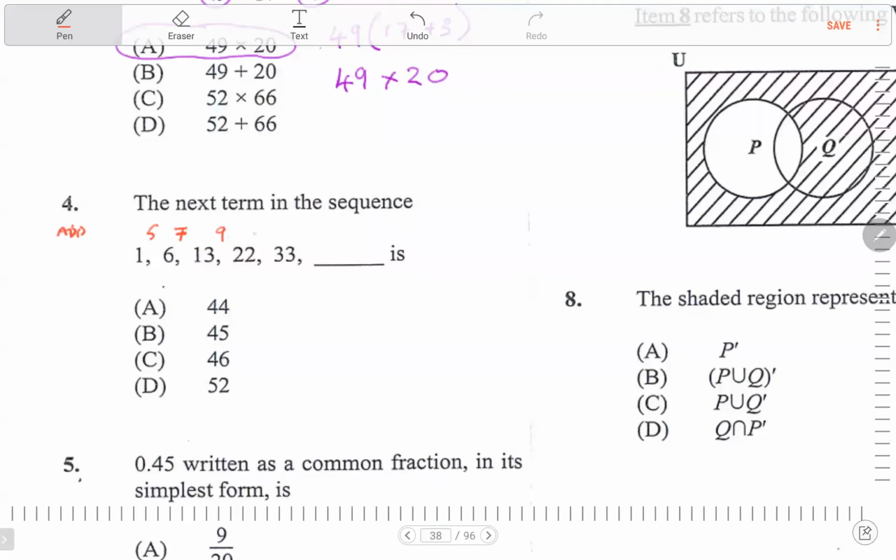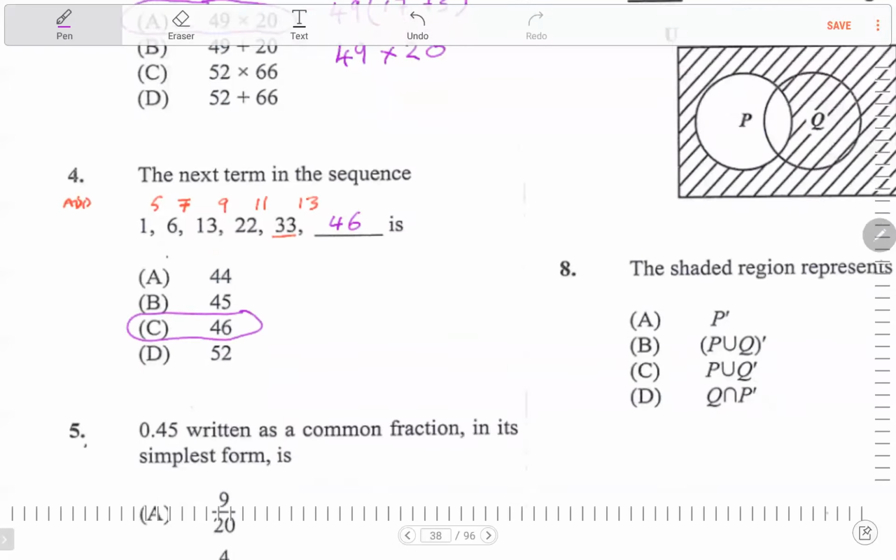And then clearly you added 11 to go from 22 to 33. So the next addition has to be 13. So we're adding 13 to that. 33 plus 13 is 46. So the next value is 46. Just basically observing the pattern. You keep adding 2 more to each subsequent value. All right. That is that.